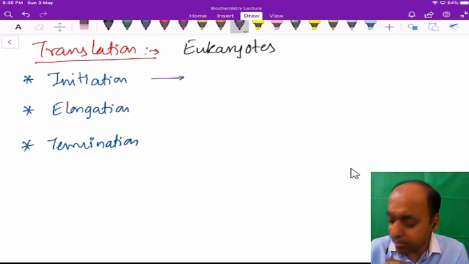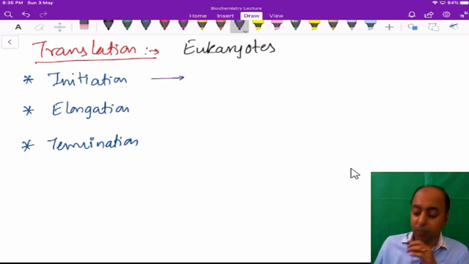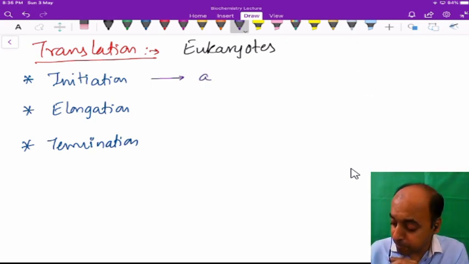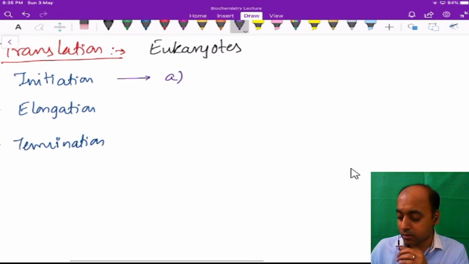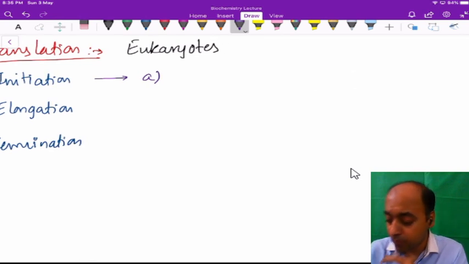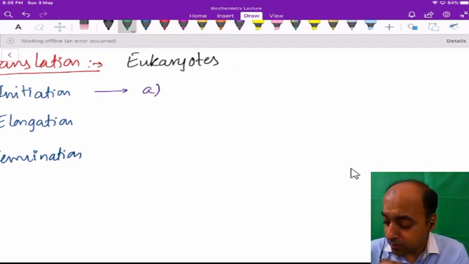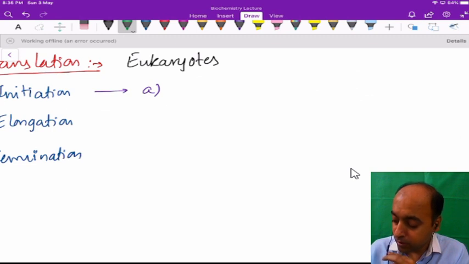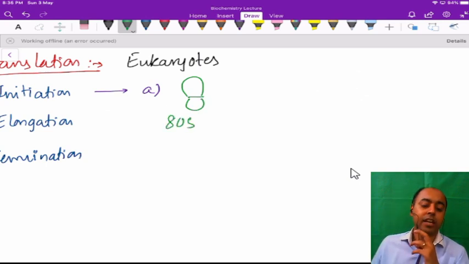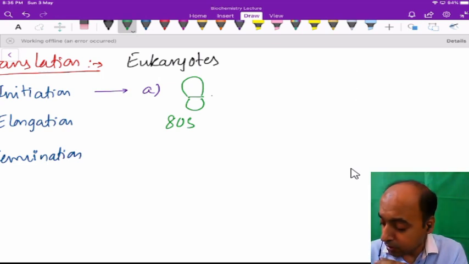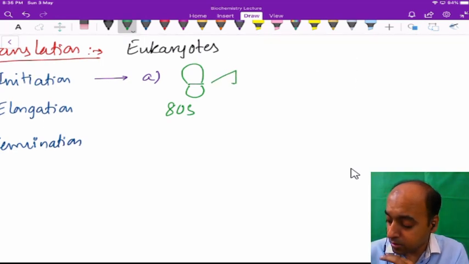Okay, moving on with the initiation. Initiation itself is discussed under multiple stages, starting with stage 1. Here what happens, the 80S ribosome splits into two.